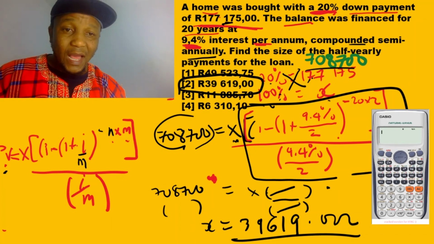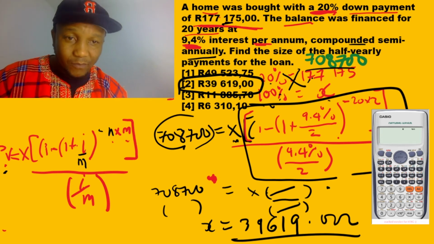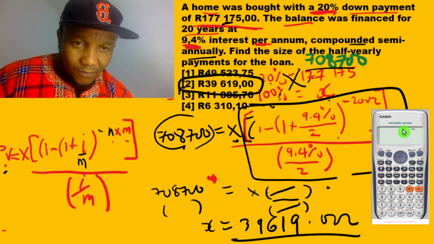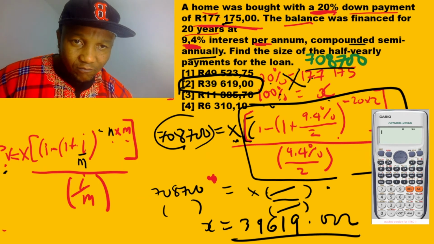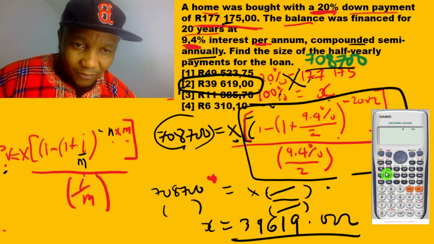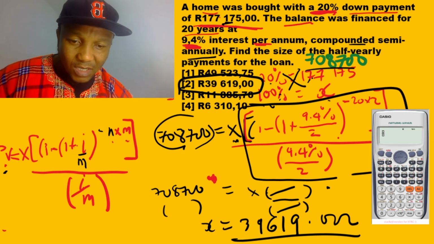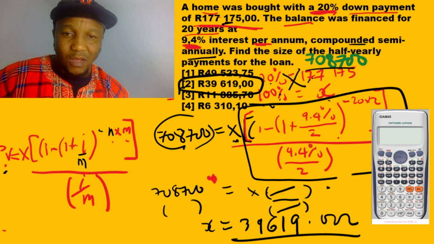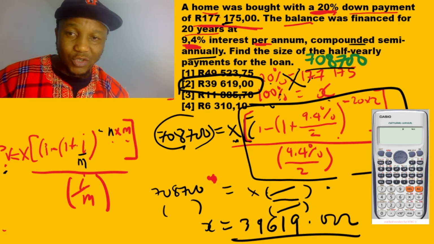So now we come to the fraction. We say, okay, we take this and divide by this whole group.